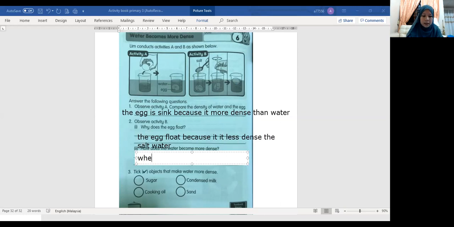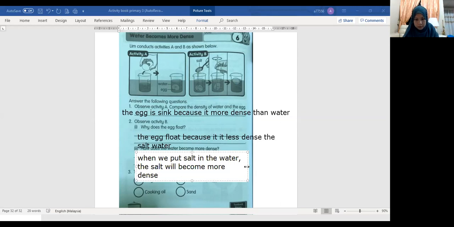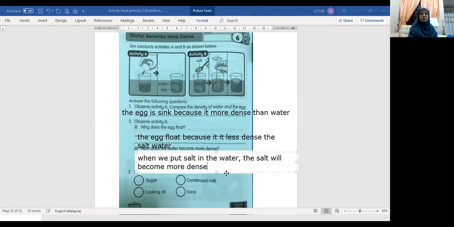When we put salt in the water, the salt water becomes more dense.